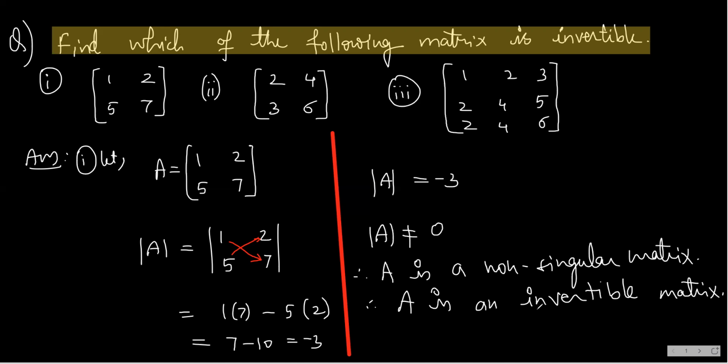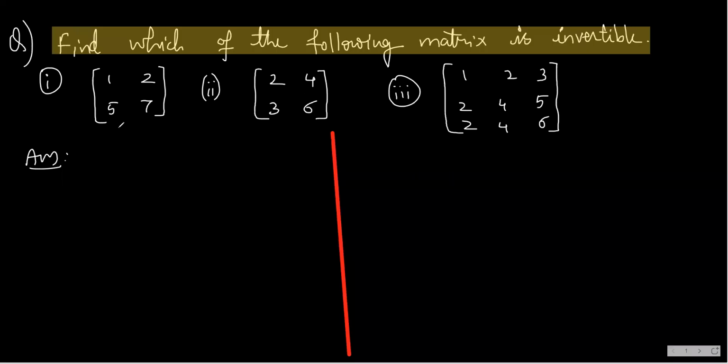That's the answer. So I solved the first one. The second one you can try. The answer for the second one is you will get the determinant 0. So you will say that it is not an invertible matrix.